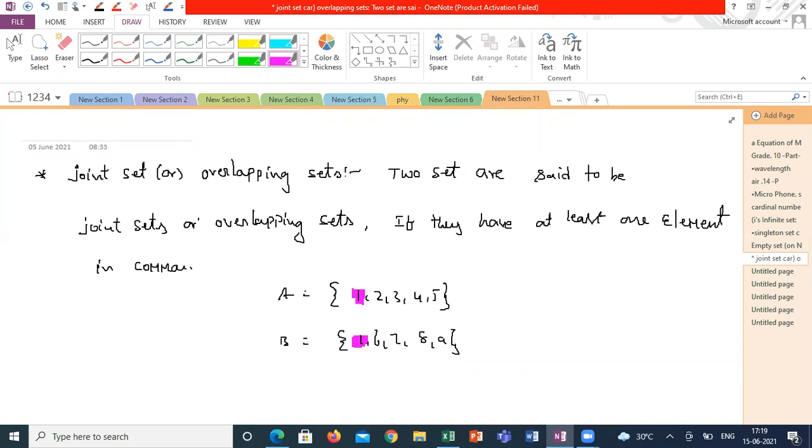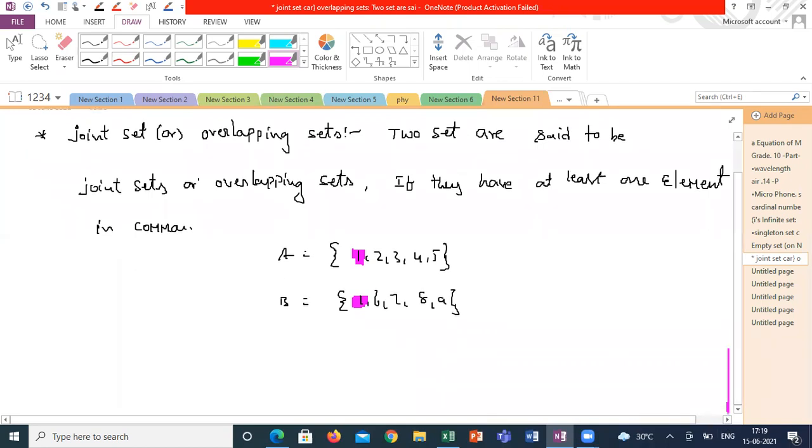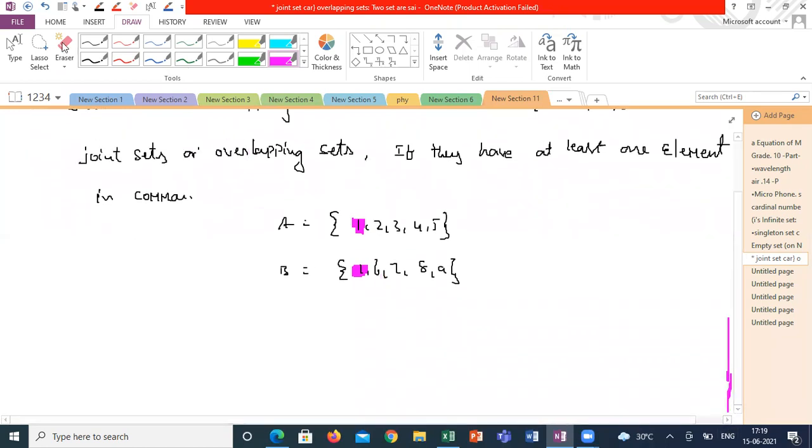Yes, sir. Can you give any example of overlapping sets in set builder form? Anyone? A is prime numbers and B is even numbers. Correct. A is x such that x is a prime number.